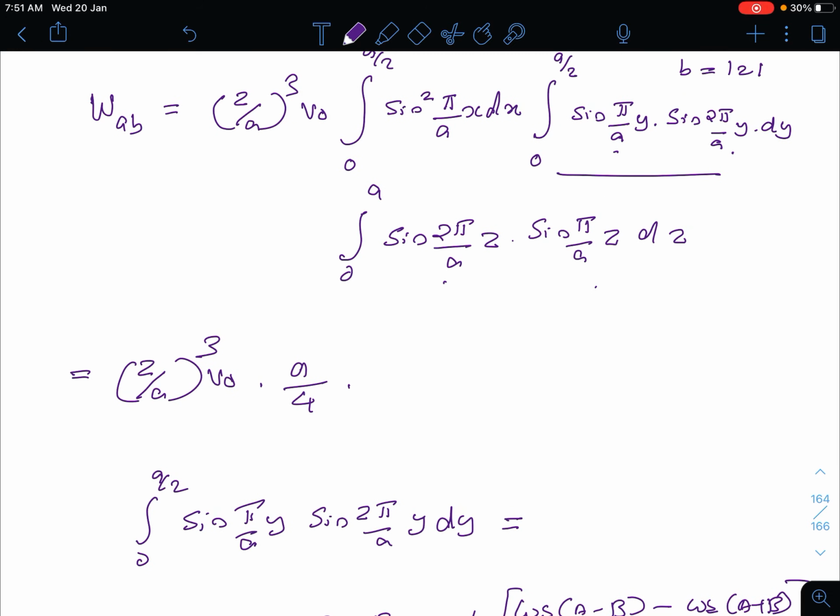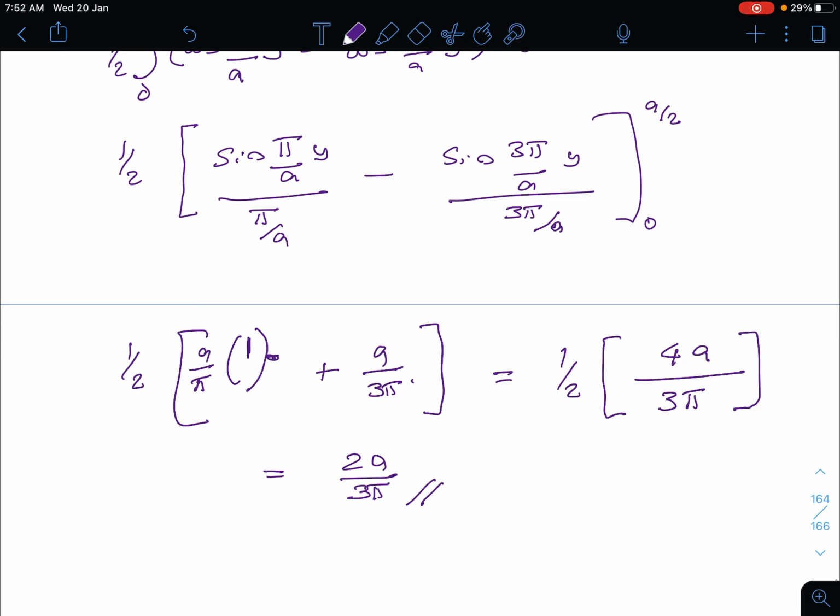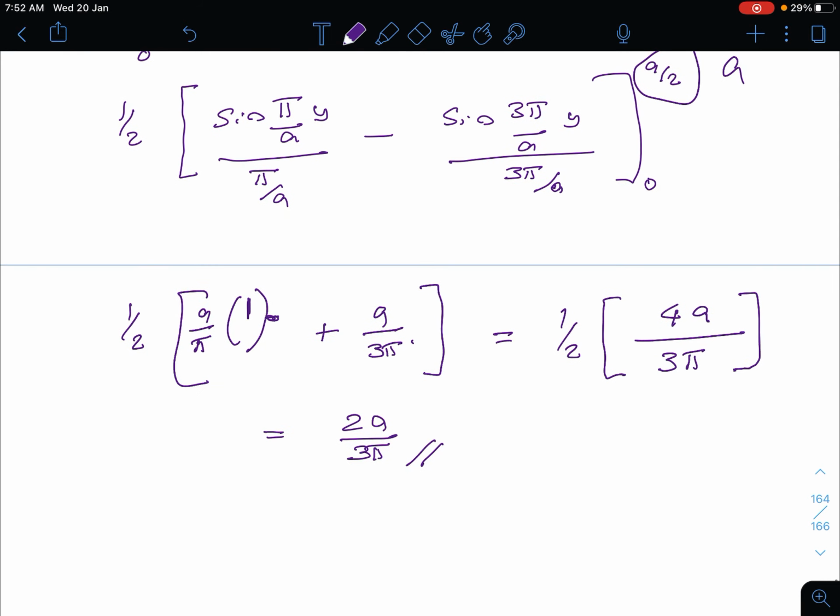If you check the last term, again this is almost the same integral, the order is different, but the limit is 0 to a. Let's see what will happen if I put a as the upper limit.